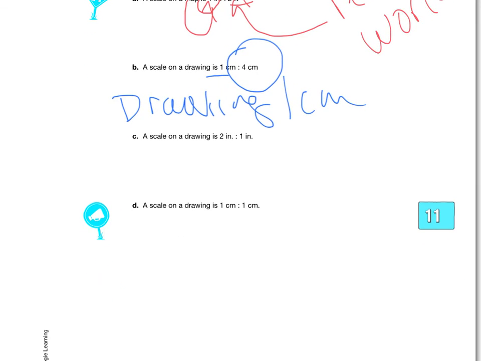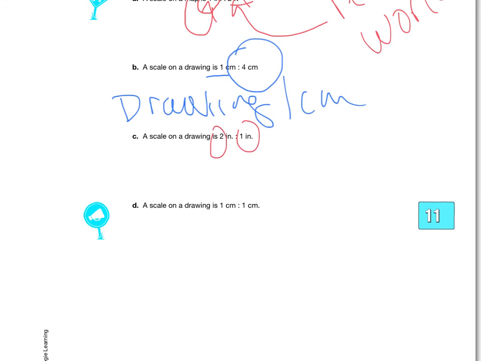Okay, next one. On a scale drawing, 2 inches equals 1 inch. So because on our drawing it's bigger than in the real world, we're basically scaling down, like maybe with the solar system.